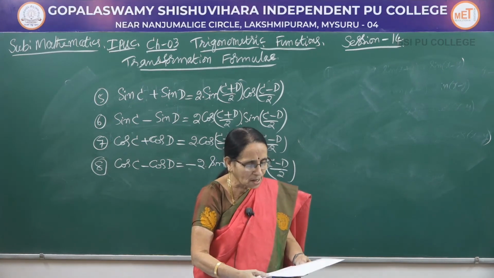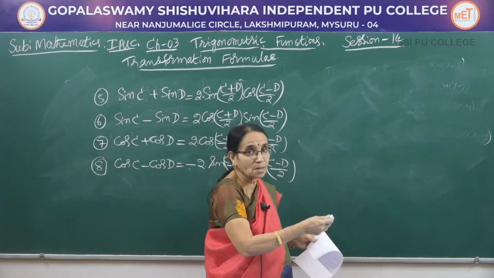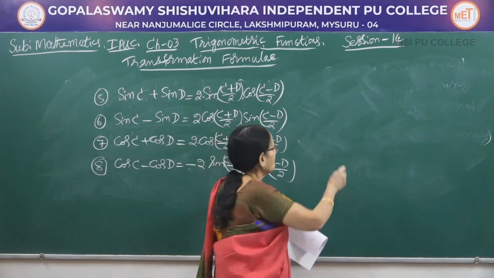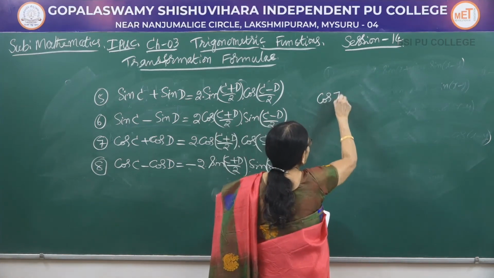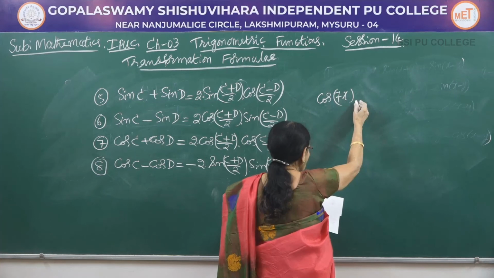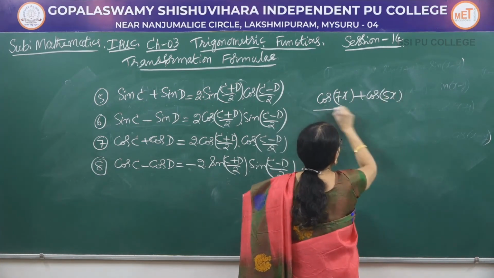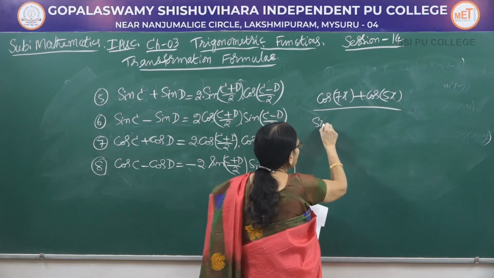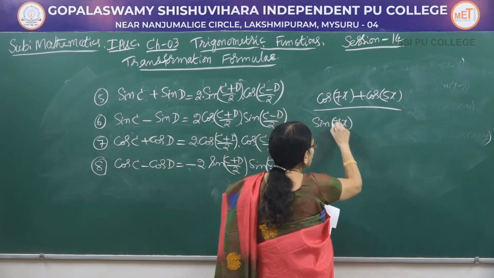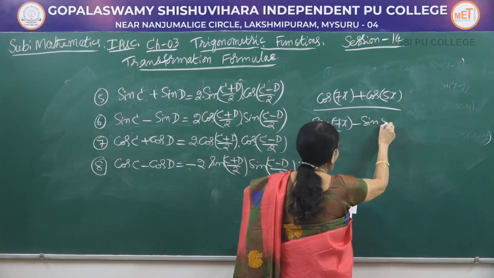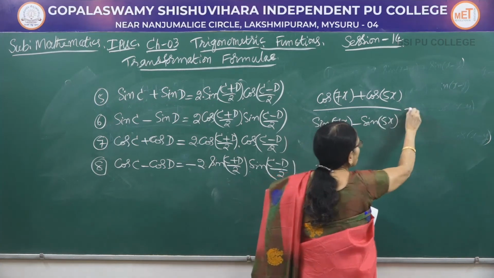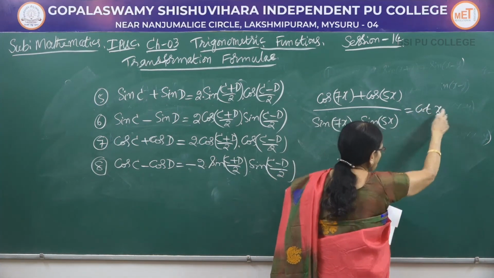One example is: prove that (cos 7x plus cos 5x) divided by (sin 7x minus sin 5x) is equal to cot x.